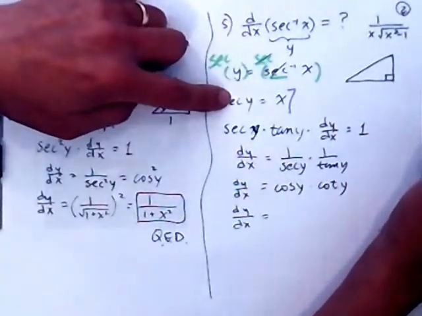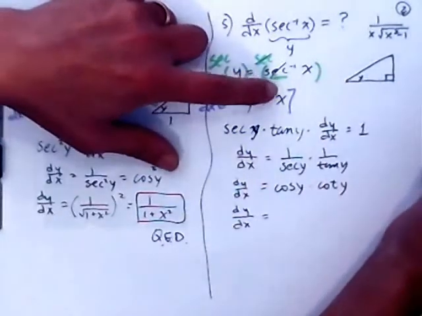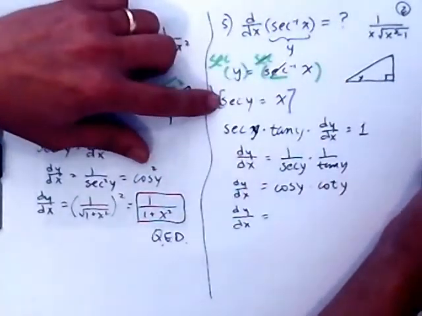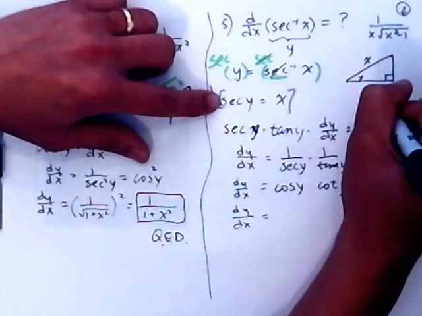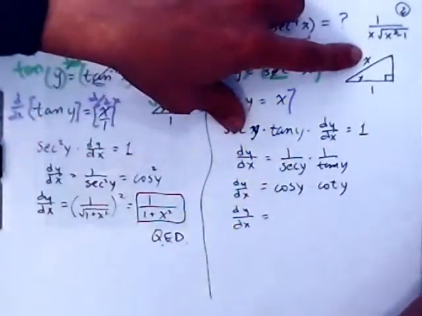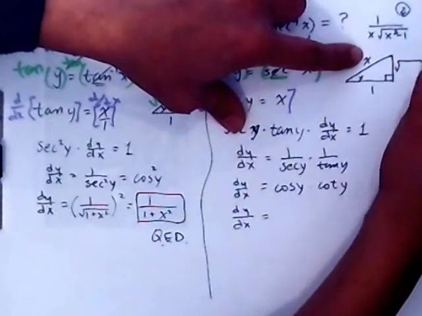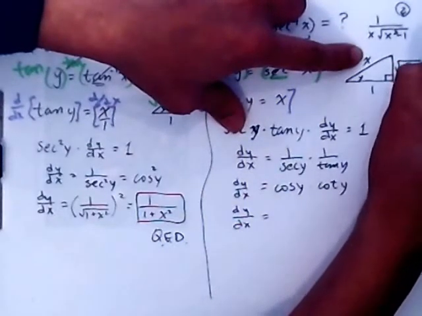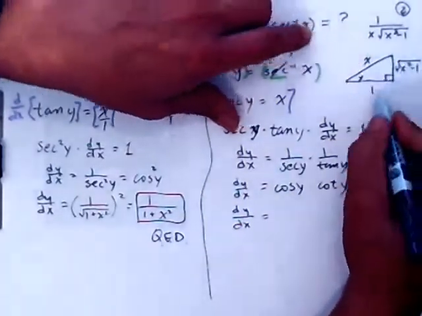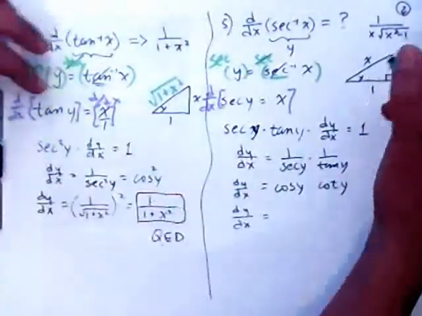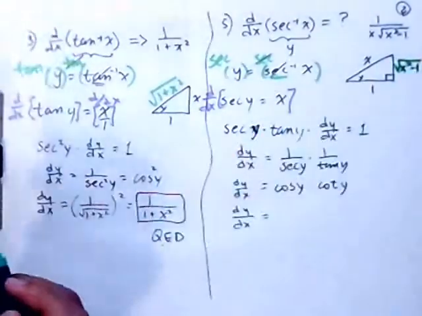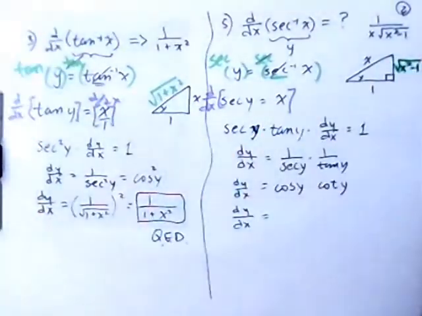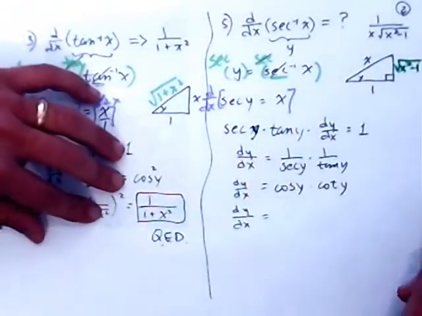Secant of that angle y is equal to, secant is the reciprocal of cosine, so it's hypotenuse over adjacent, x over 1. This is going to be the square root of x squared minus 1, if you use the Pythagorean theorem. I think you can see that. Good.